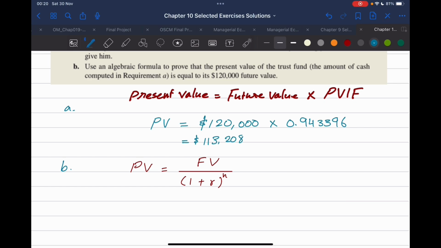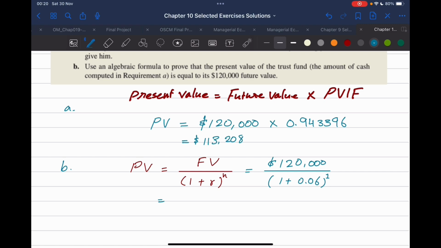So if we substitute the figures we have, that's going to be equal to $120,000, which is the future value, all divided by 1 plus 0.06, which is the 6%, to the power of 1, so we're going to ignore that. Okay? Now let's see if we get the same answer.